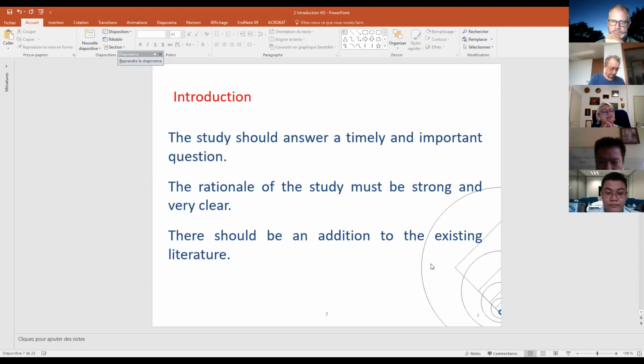And it should be an addition to the existing literature. Remember yesterday I said that it was important to know your literature and to do new things. That's what a publication is. You publish new data, a new opinion, a new review.